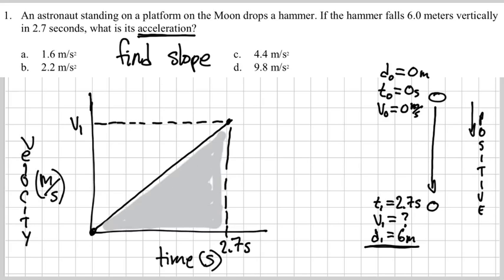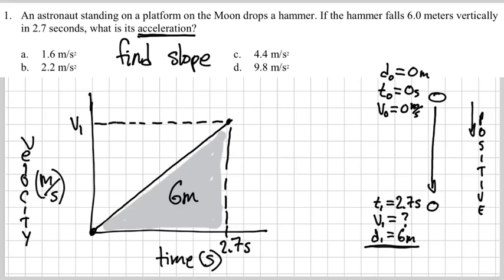Well, what is the displacement? It's 6 meters. So this area is 6 meters. It's weird to have an area as 6 meters, not meters squared, but because our axes are meters per second and seconds, the seconds cancel out and we just get meters.